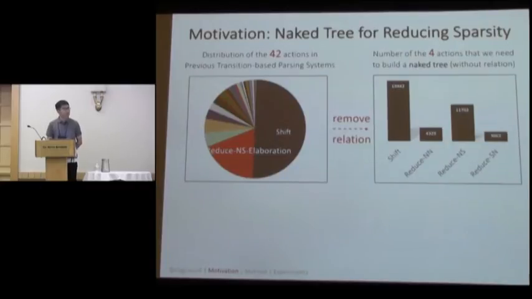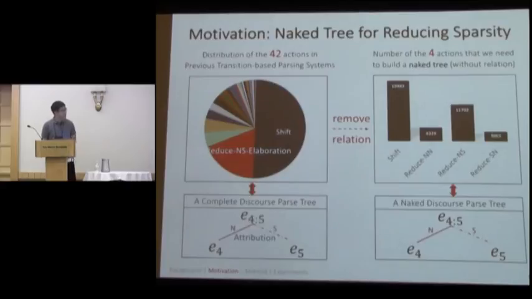We can see the number is reasonably larger, so the classifier can get more sufficient training. More importantly, compared with the complete discourse parse tree we can get from previous parsing systems, the naked parse tree we get through only 4 actions already contains the whole tree structure.